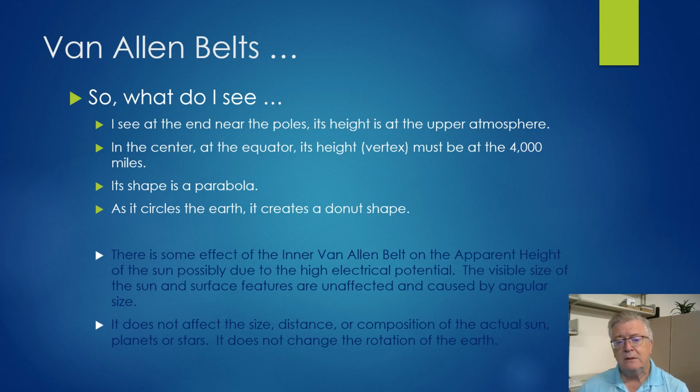This, however, does not affect the size of the sun, the distance, the composition of the actual sun, planets, or stars. It doesn't change the fact that the Earth rotates. All it does is show that there's some kind of interaction between the apparent height of the sun and the Van Allen belts.